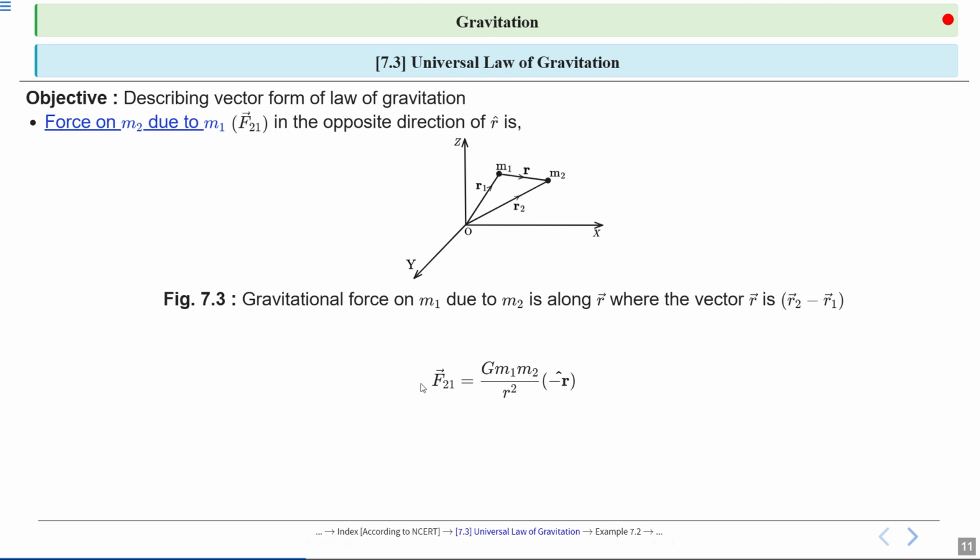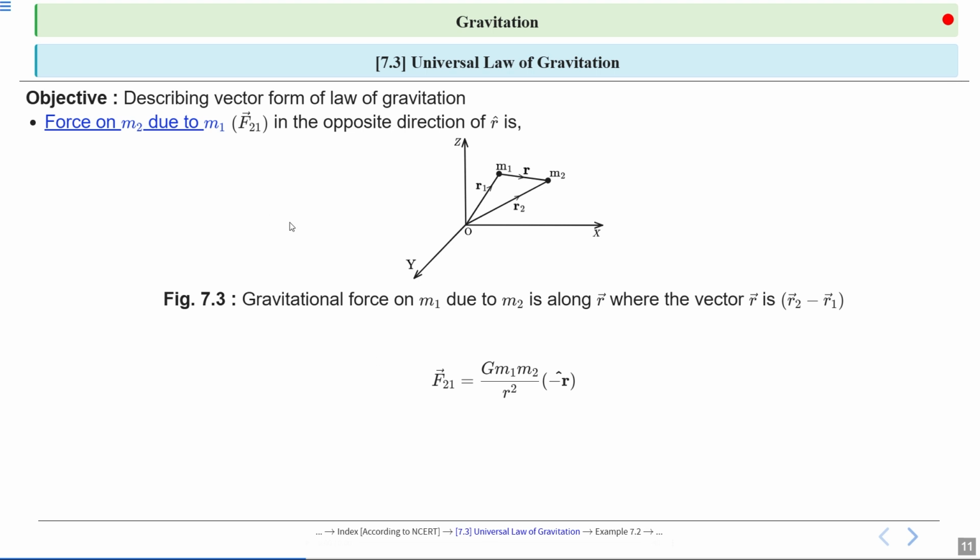This force acts in the opposite direction of the unit vector r cap, which points from M1 to M2. The equation is F21 equal to G M1 M2 divided by r square, into minus r cap. This shows that the force is proportional to the product of masses and inversely proportional to the square of the distance between them. Notice the negative sign indicating the direction is opposite to r cap.